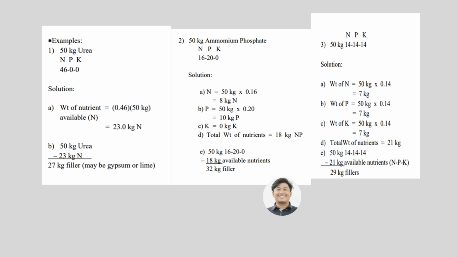So we simply multiply the given 50 kilograms times 0.16 for nitrogen, and we will have 8 kilograms of nitrogen. And for the 50-kilogram bag, we multiply by 0.20, which equals 10 kilograms of phosphate. We simply add the given nutrients, and we'll have 18 kilograms of nitrogen and phosphate.